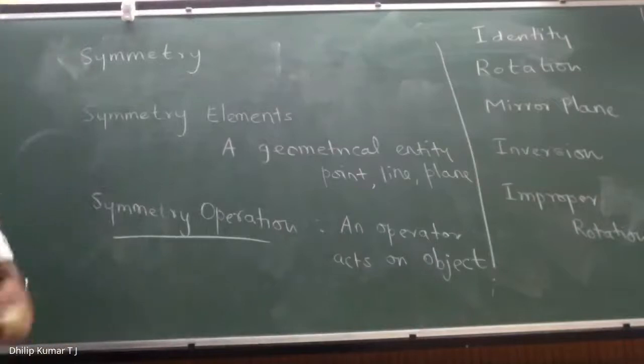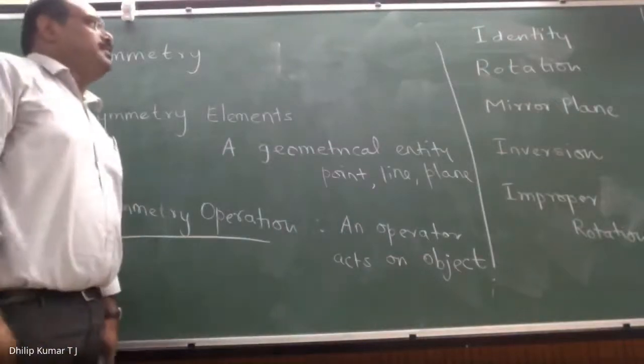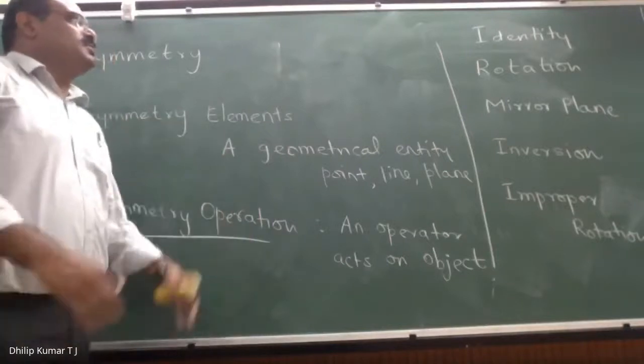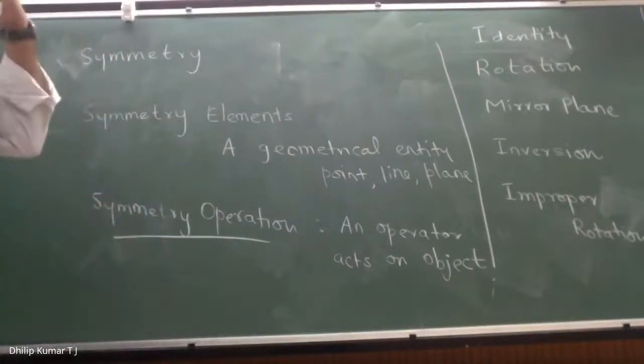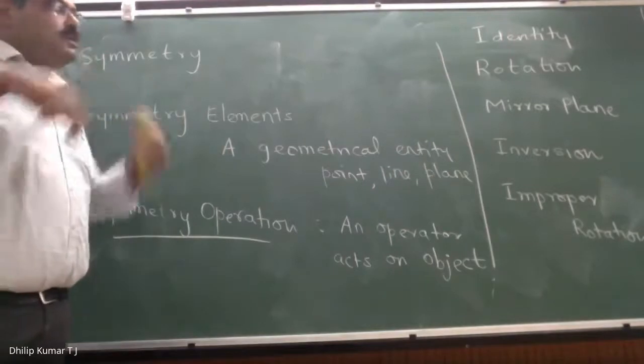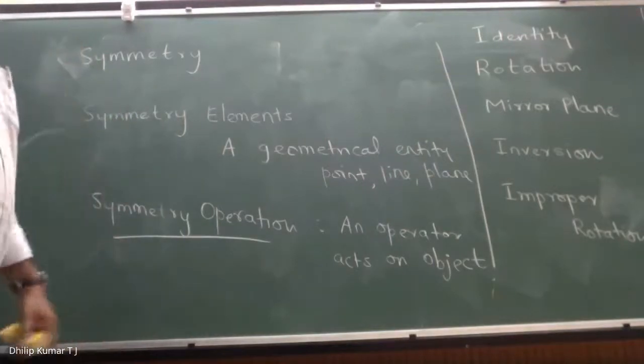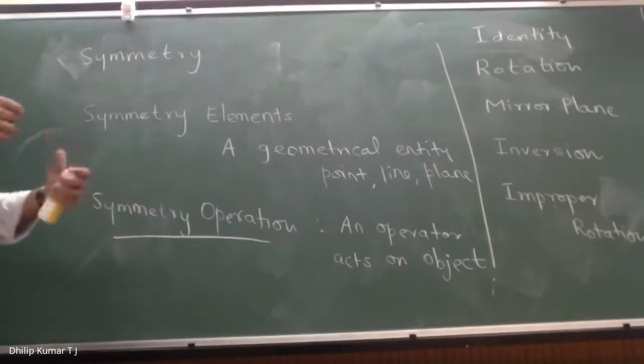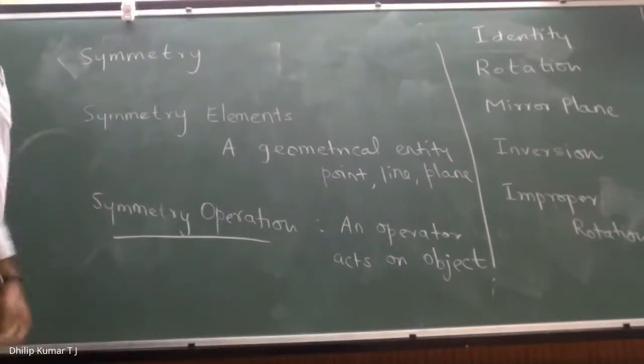Every molecule will have the property called identity, like doing nothing, just staying as such. That itself is one symmetry. And rotation means if you rotate a molecule through various angles, you will get back its original, identical structure.